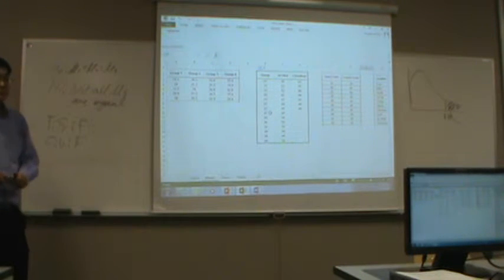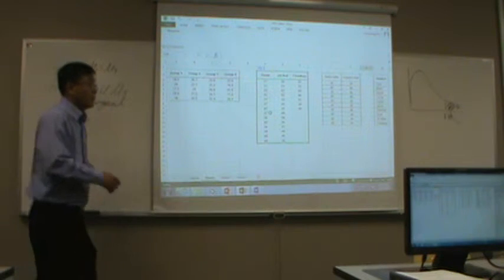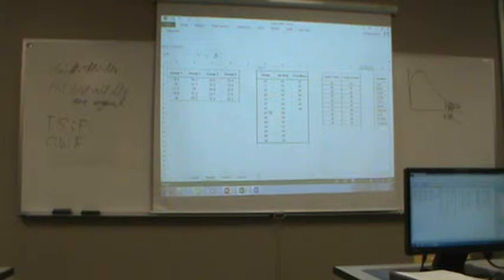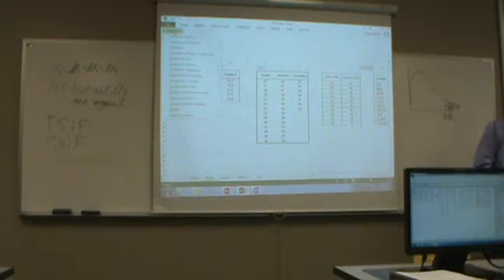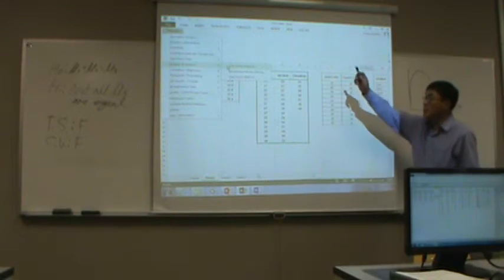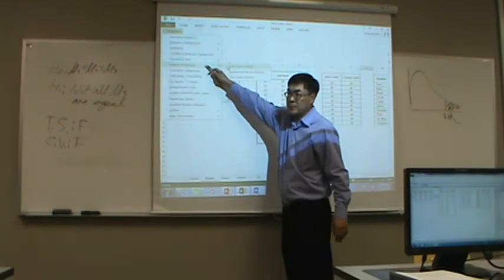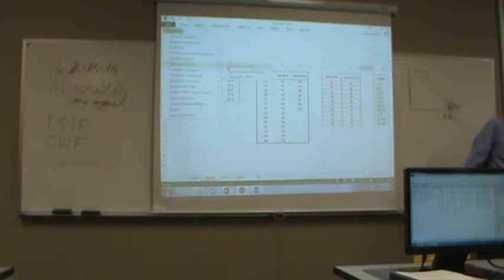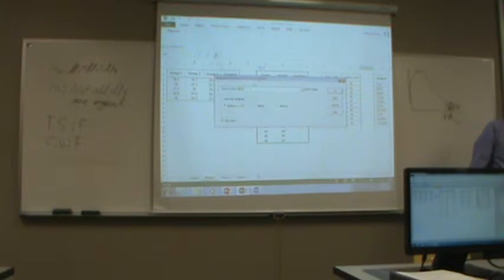Good? And then, using this data, in MegaStat, choose Analysis of Variance, 1 factor ANOVA, then click specify.